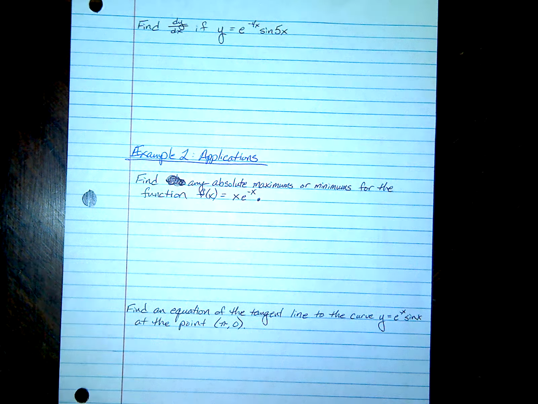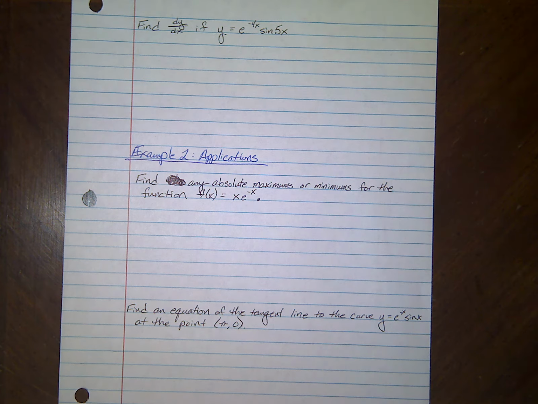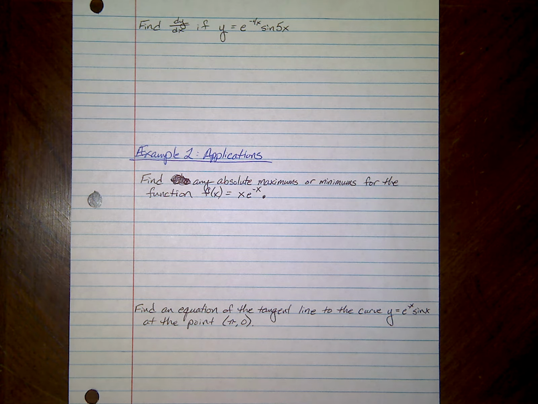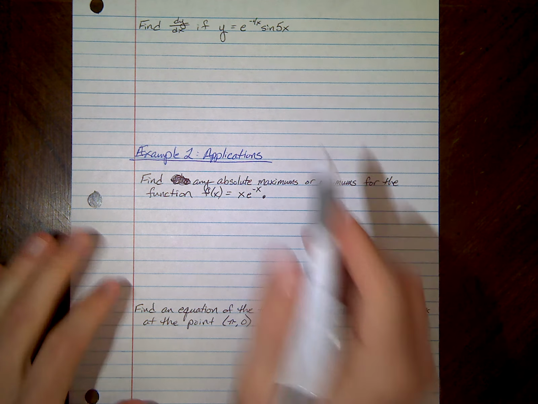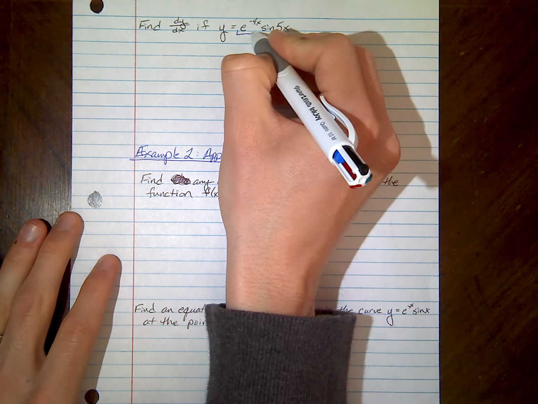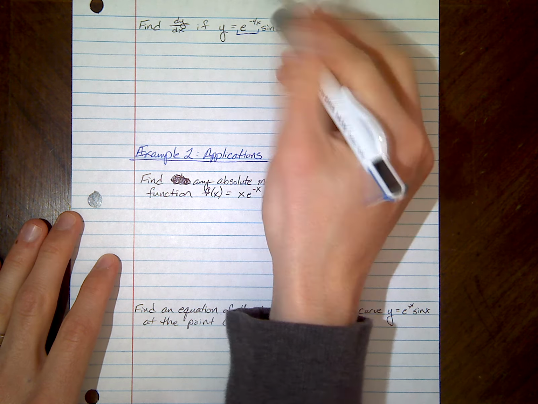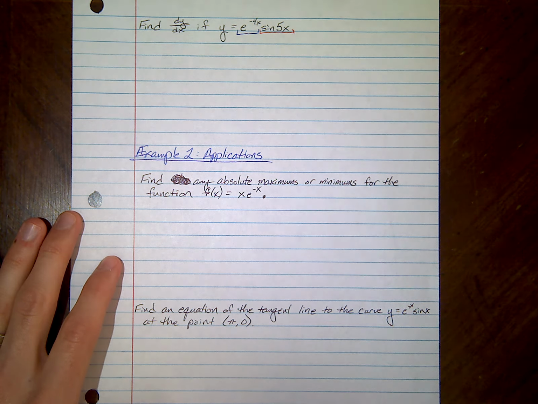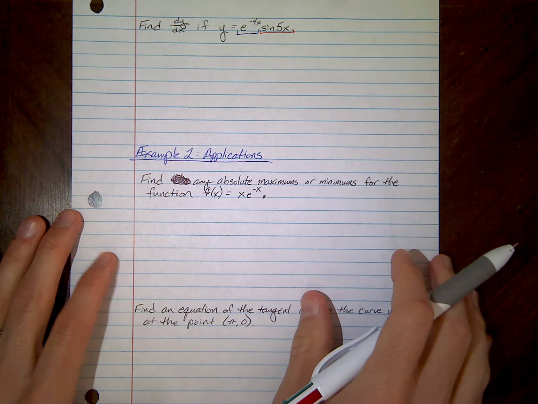Okay? It's a little bit more complicated when we have some other stuff, okay? Focusing on that first one up there, find dy dx if y is equal to e to the negative 4x sine of 5x. Okay, so now what you have to recognize is that you actually need to use the product rule here. You have e to the negative 4x as one function and sine of 5x as the other function.